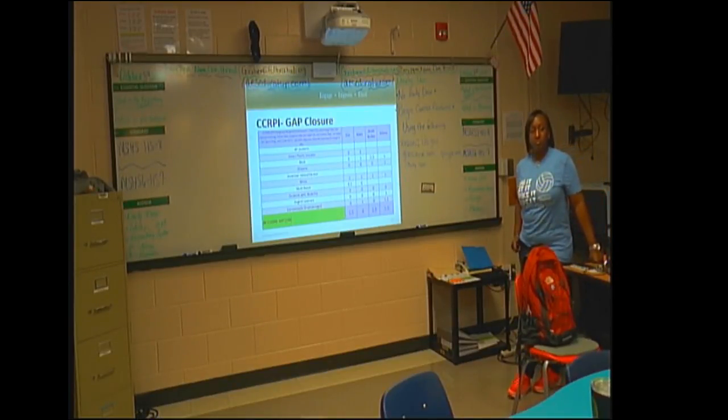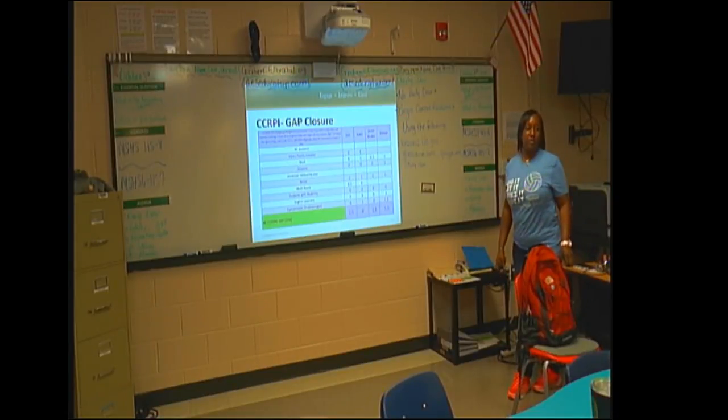That student was probably reading on a pre-K level, but took the test on grade level. So when you look at that, it's hard to see growth. My question would be, as teachers, what are we doing in our classrooms or with the data to try to close the gaps for these students?